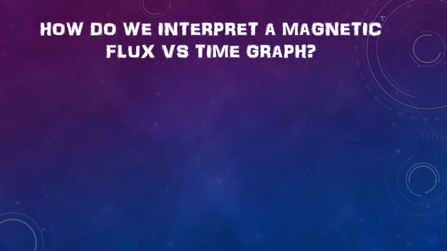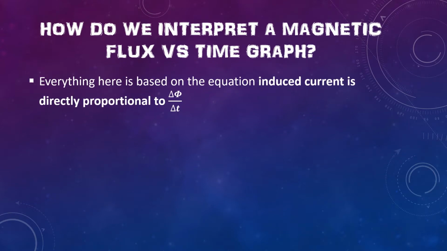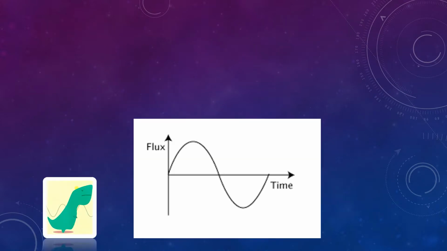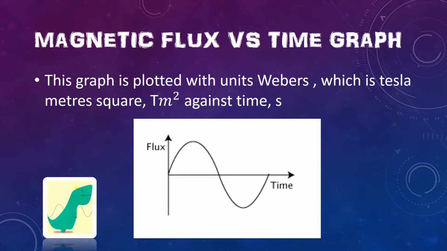How do we interpret a magnetic flux versus time graph? You can have a look at these 4 points and I'll explain further on the next slide. This is a magnetic flux versus time graph.